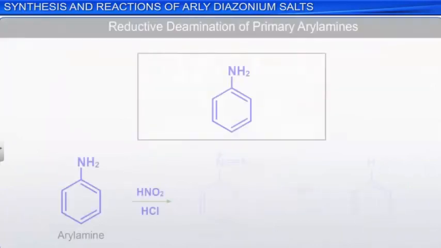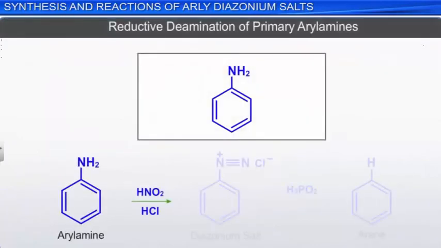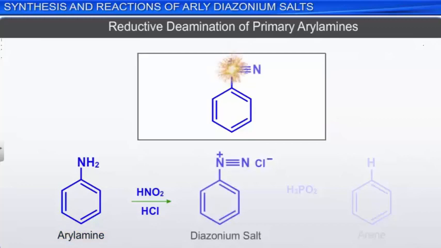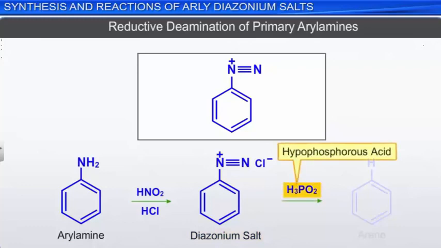Reductive deamination of primary aryl amines replaces the amino substituent by hydrogen using a diazonium salt as an intermediate. When the diazonium salt is treated with a mild reducing agent such as hypophosphorous acid, sometimes known as phosphinic acid, the diazonium ion is reduced to an arene.